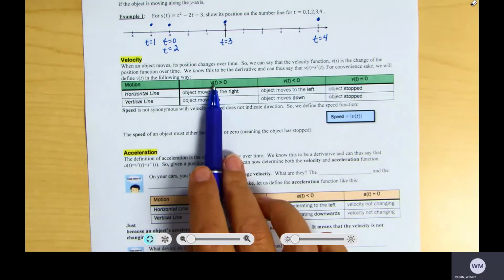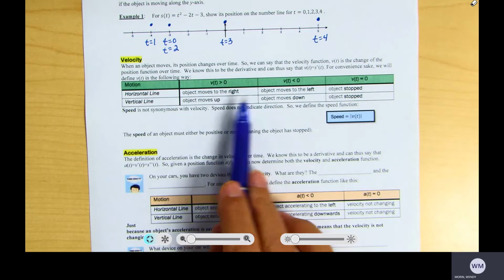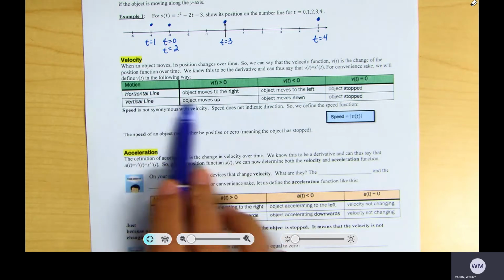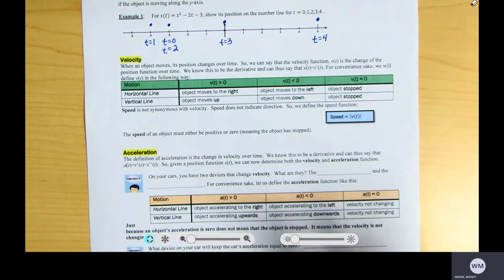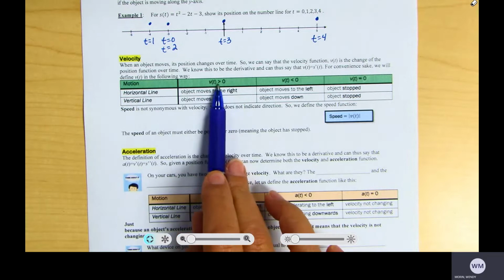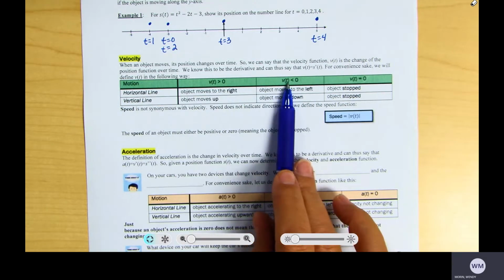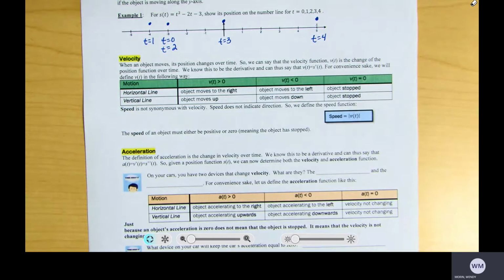So when your velocity is positive, that means that your object is moving to the right. I'm going to mainly focus on left and right because that's mainly what we use in calculus. So moving to the right when your velocity is positive, moving to the left when your velocity is negative. Your object is stopped when velocity is equal to 0.